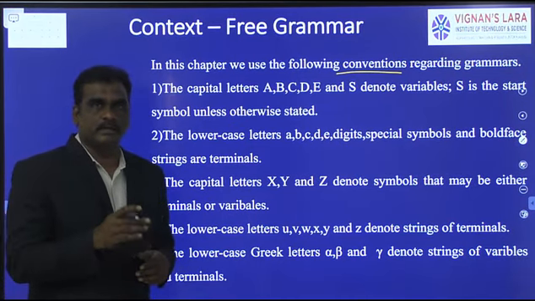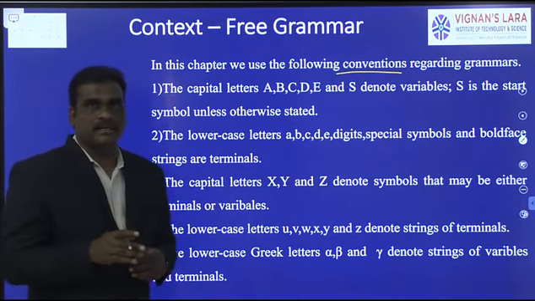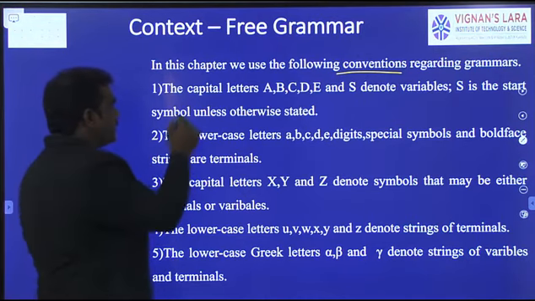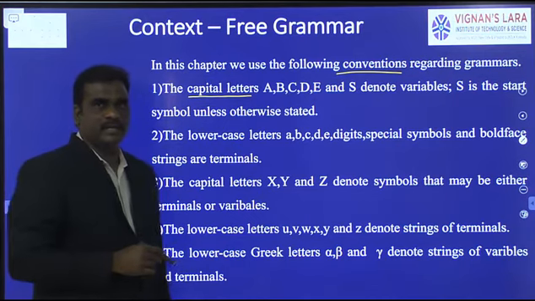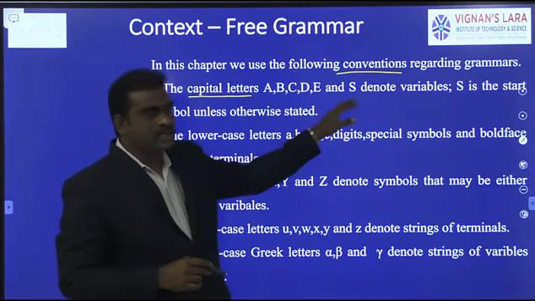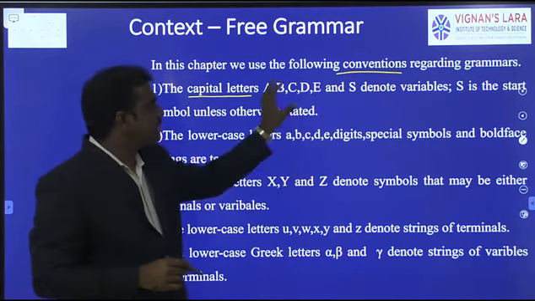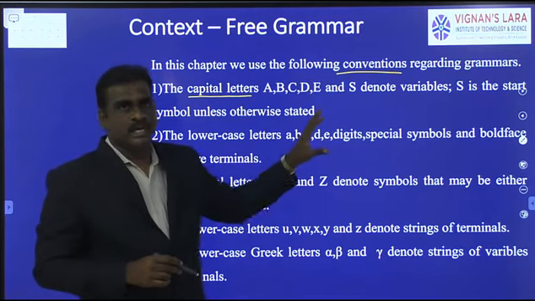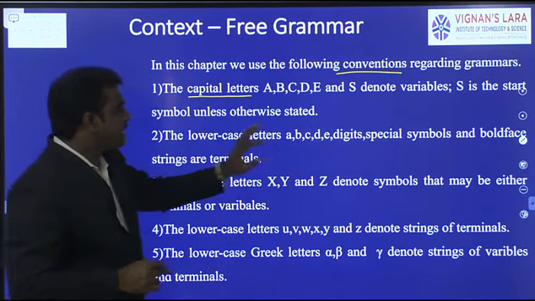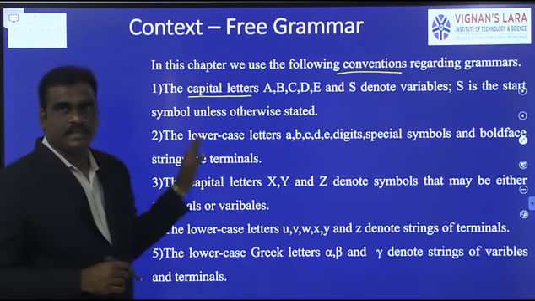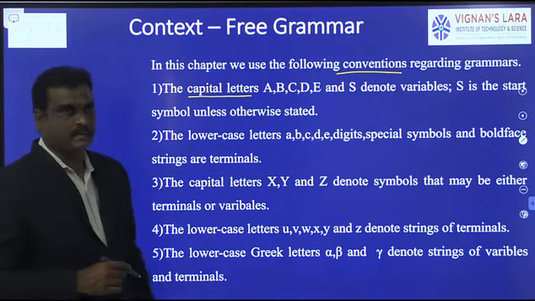All capital letters are variables. So here, the capital letters A, B, C, D, E and S denote the variables. Simply, the capital letters are variables. Generally, we can represent S as the starting symbol of the grammar.